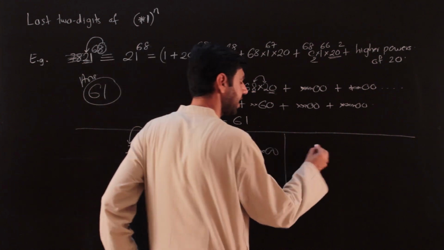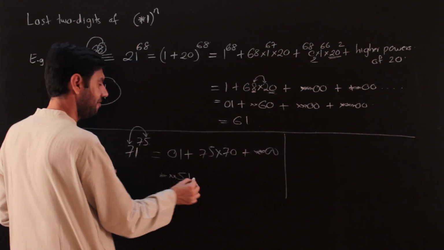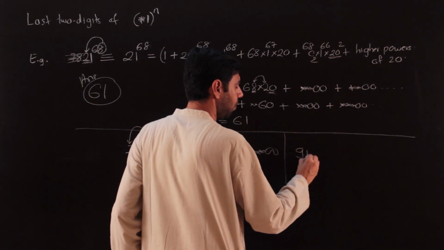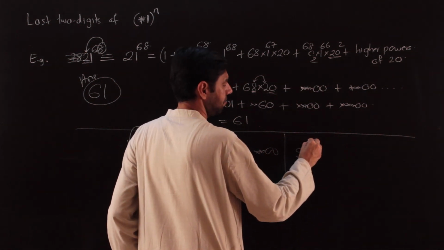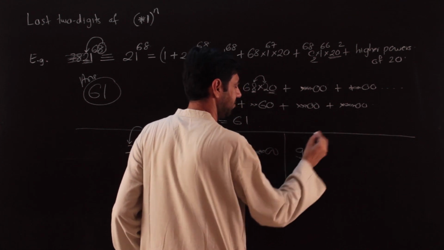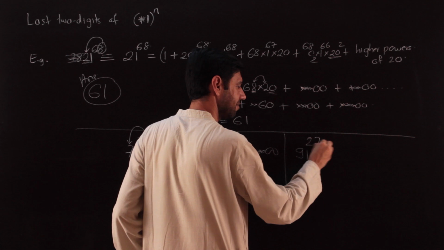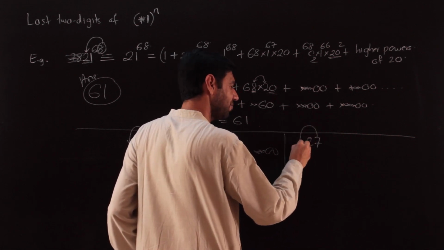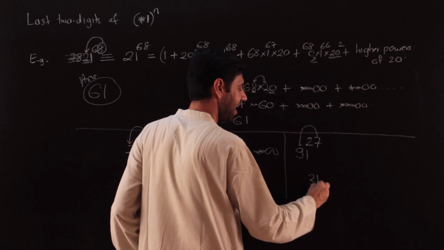If you want just another example, since this turned out to be 51 itself, let's take another example. Let's say 91 raised to 27. So 7 into 9, 63, 3 and a 1.